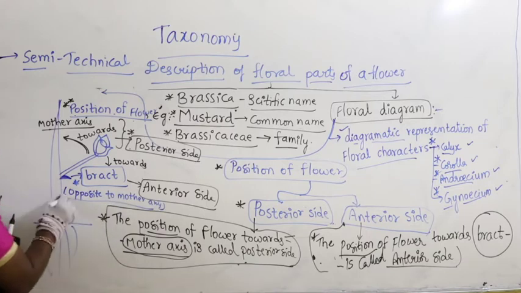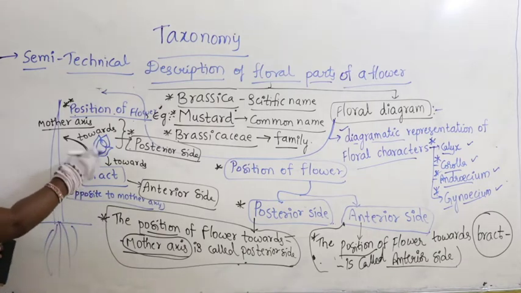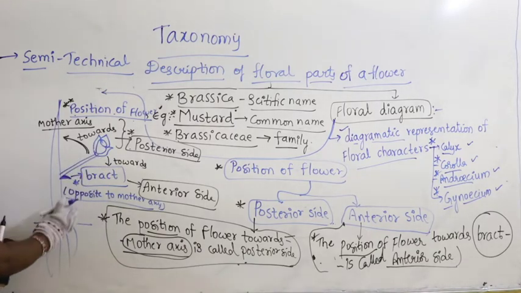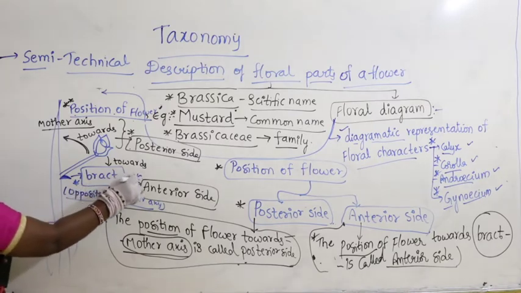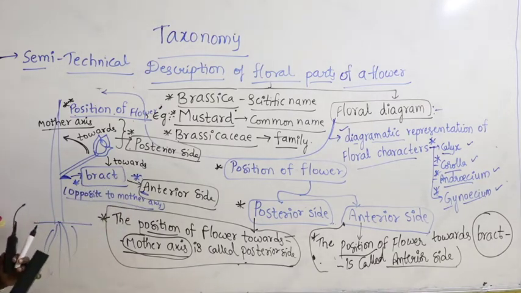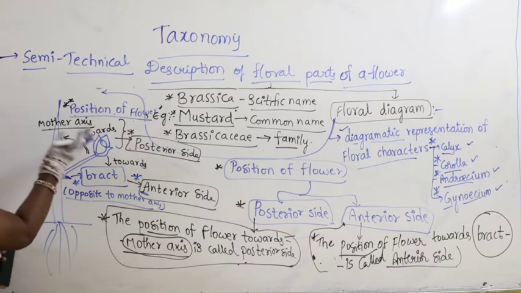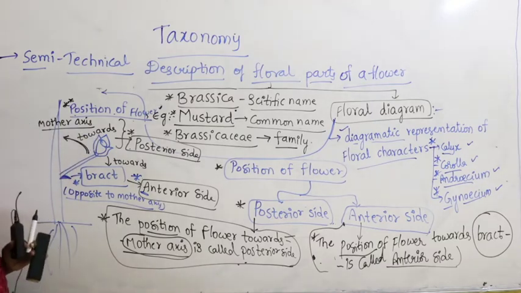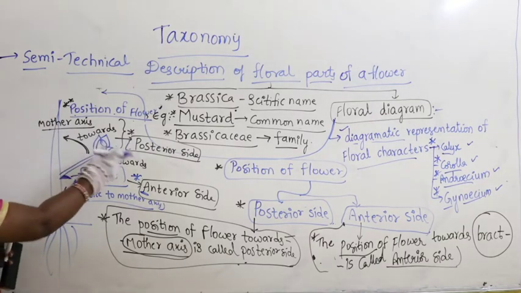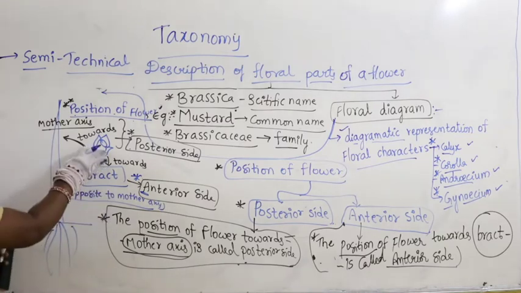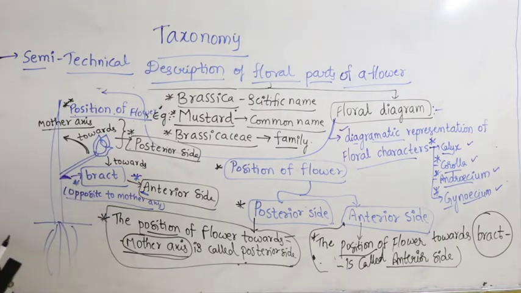So the position of the flower towards the bract is said to be the anterior side. I am repeating again, this point is very, very important: position towards the mother axis is posterior, position towards the bract is anterior.